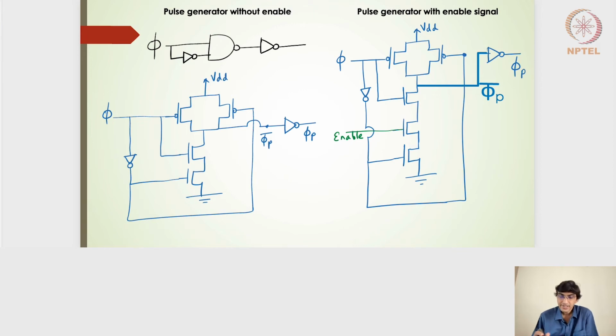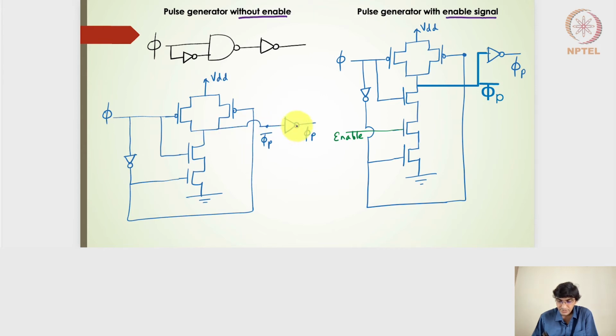Moving ahead, generally we will have a pulse generator with an enable signal. Without an enable signal is what we have seen now. The phi goes to the NAND gate. The other input of the NAND gate is an inverted clock, and then finally it goes to the inverter. If I draw the schematic of this, it will be the NAND gate, 2 PMOS transistors in parallel and 2 NMOS transistors in series, with the phi signal going to a PMOS and an NMOS, and the phi bar signal going to a PMOS and an NMOS.